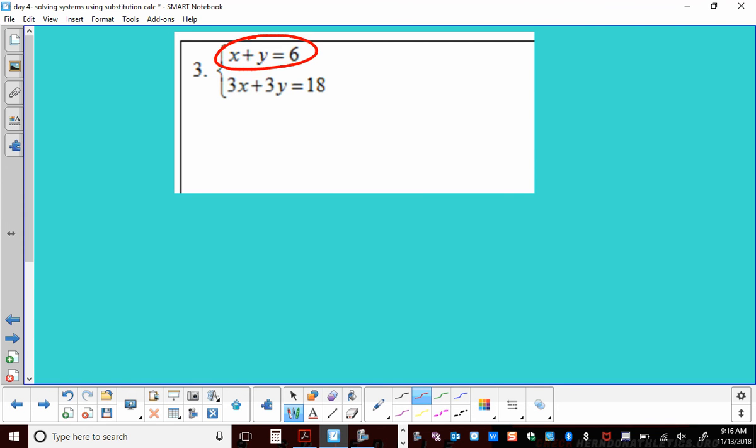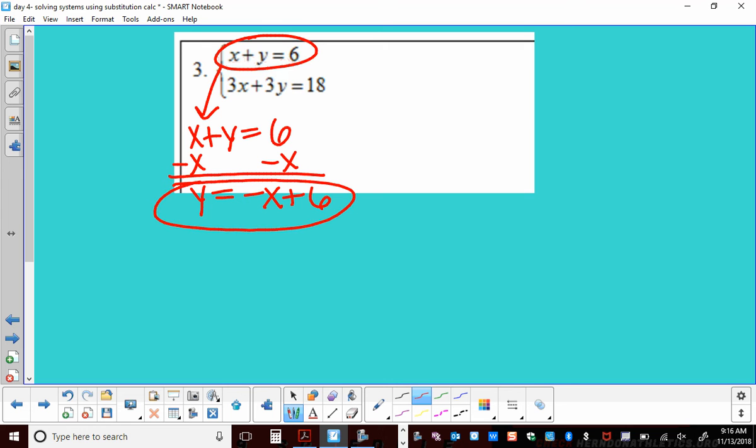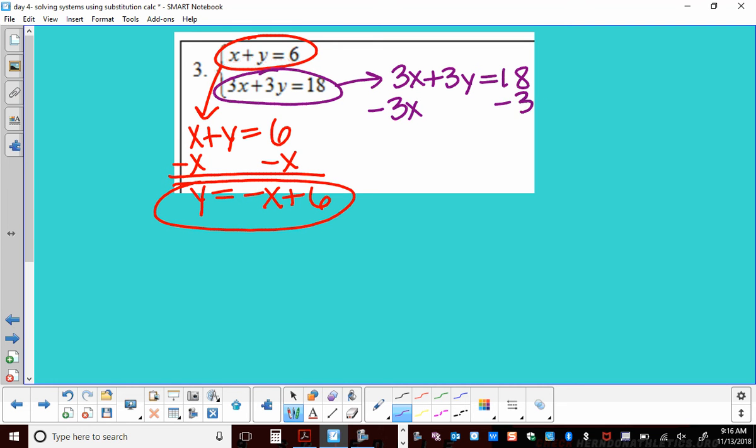Alright, so let's solve for y here. I subtract x. So I'm left with y equals negative x plus 6. That's my y equals, so I'm good. My second equation. I'm going to subtract 3x.